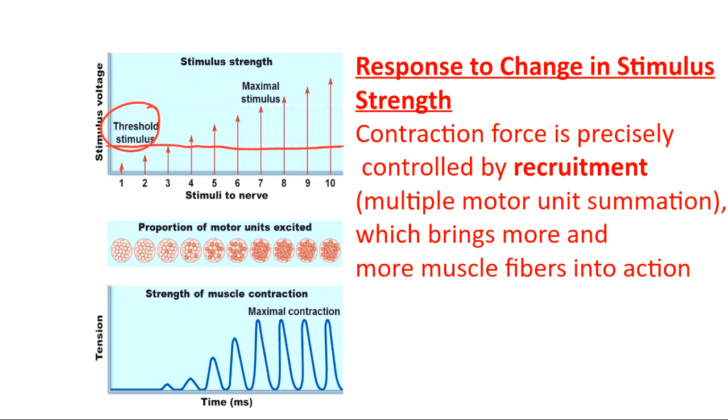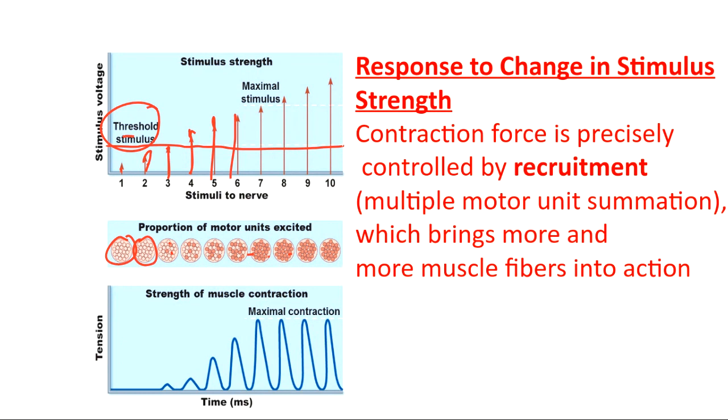So we increase the stimulation, and notice how here none of the motor units in the muscle are being excited because the stimulus is not strong enough. The third stimulus is strong enough to reach the threshold, and now you have two muscle cells contracting. You need more force than that, so you continue increasing the force of stimulation, and as you do that, more and more motor units are recruited into contraction.